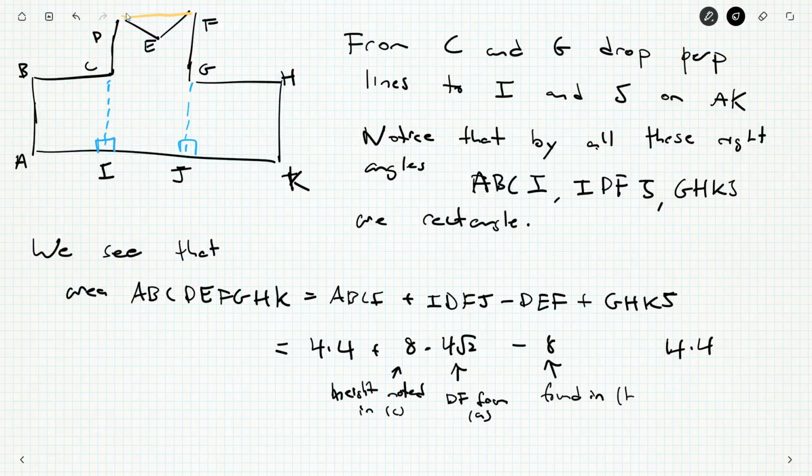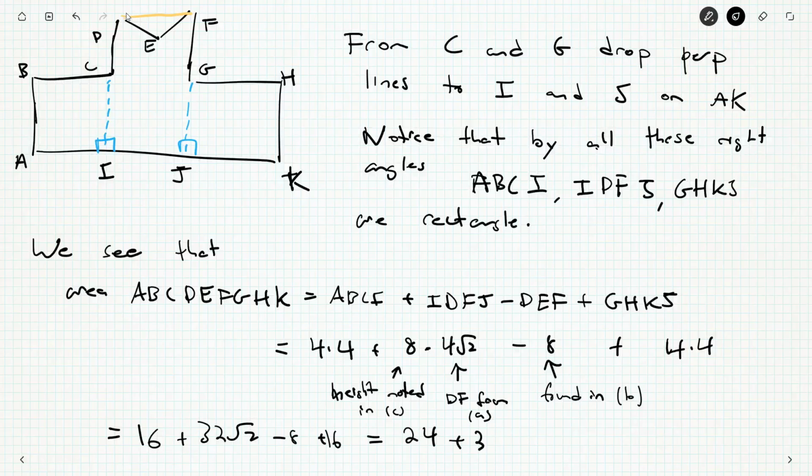And we found that out when we were calculating things in B. So we get 16 plus 32 root 2 minus 8 plus 16. And the two 16s is 32 minus an 8 is 24. So 24 plus 32 root 2. And that's what I'm saying is our final area.